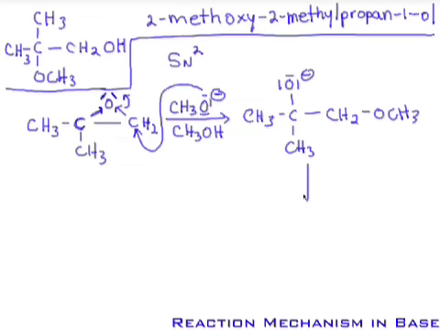Now, this guy's very basic. He's basic enough that in equilibrium, with lots of methanol around, he will pull a proton off methanol. Now, because methanol is a solvent, once the proton's been pulled off, the methoxide that forms is unlikely to come in and hit it again. There's so much excess methanol around compared to the product molecule that effectively it never gets deprotonated.